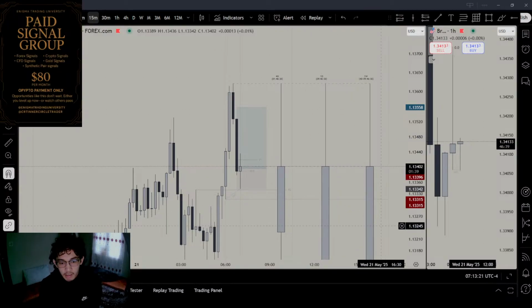Let's see if this could be a quick trade here. I want to see this candle close bullish.